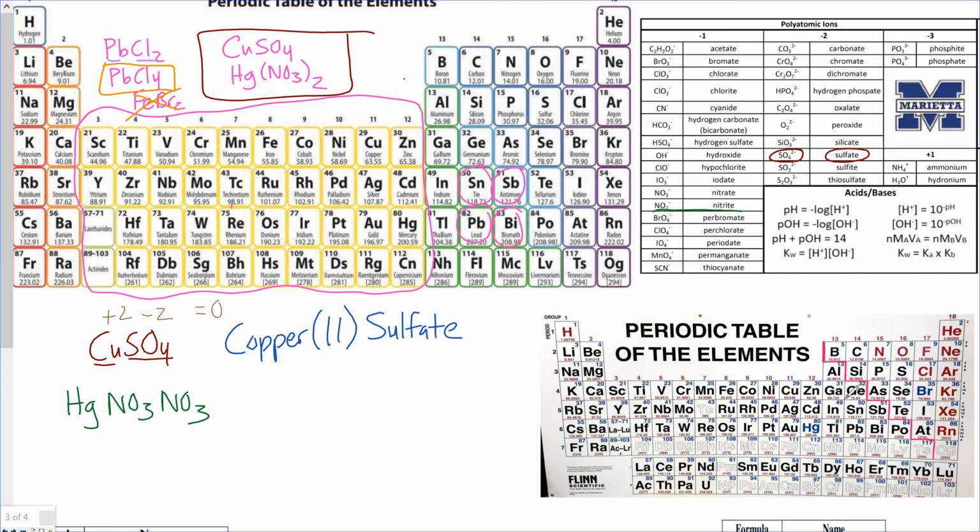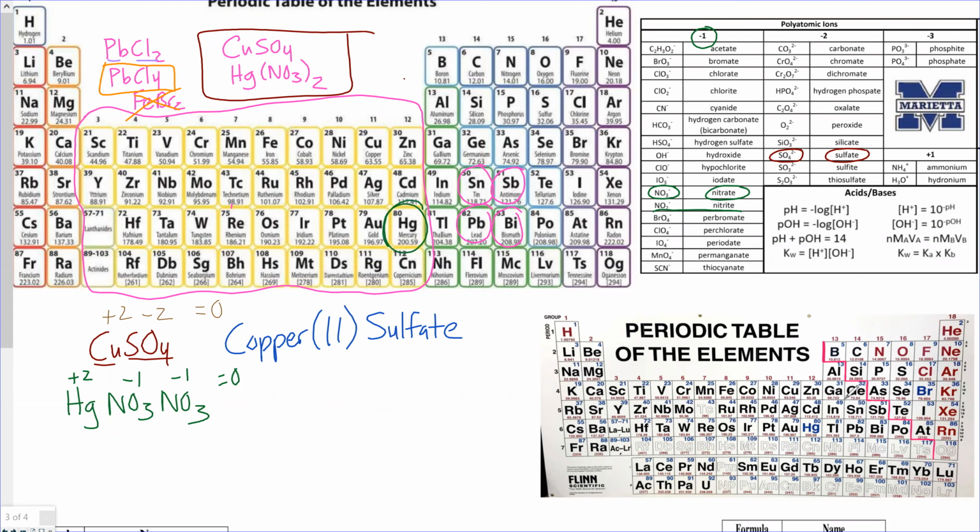This one's NO3, nitrate. It has a -1 charge. Remember, we don't necessarily write the ones, but that's what it is. So -1 right here and -1 right here has to be equal to 0, so this one must be +2.